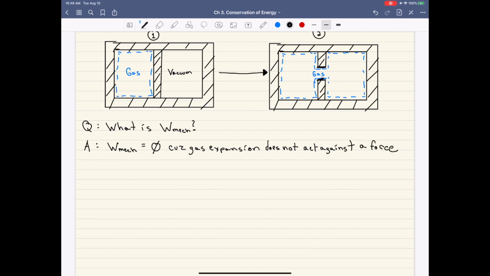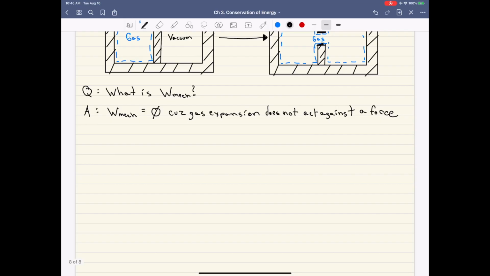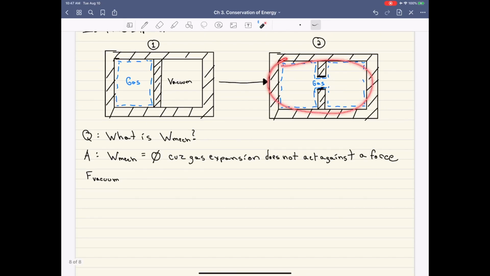Okay? All right, and so to give a more precise answer for why the mechanical work is 0, let's think about what the work exerted by the vacuum is as the gas is expanding in state 2.